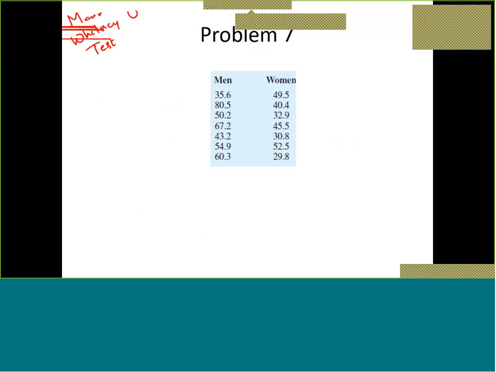First of all, you have to calculate ranks for men and women, but the ranks must be combined ranks, not individual ranks. So check which is the lowest. 29.1 is 1. Then this is 2. Then this is 3. Then after 32, I think this is 4. After 4, where is 5? 40.4 is 5.